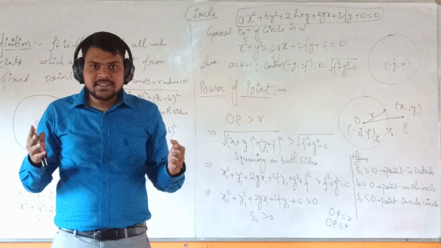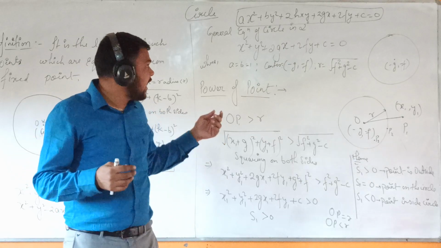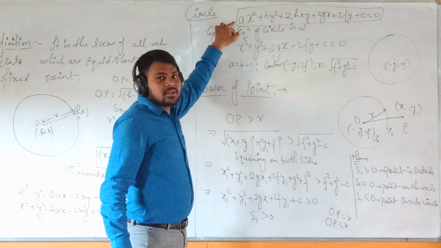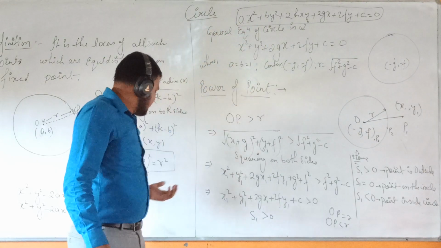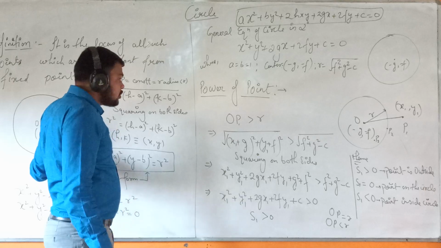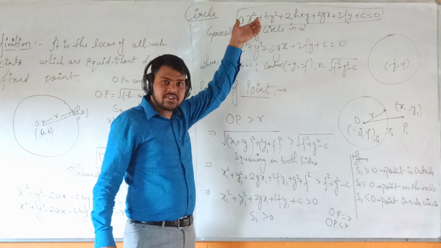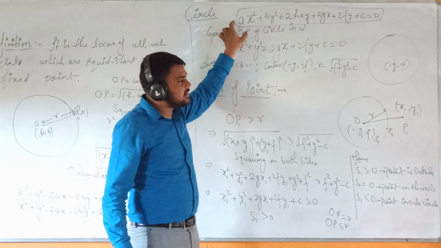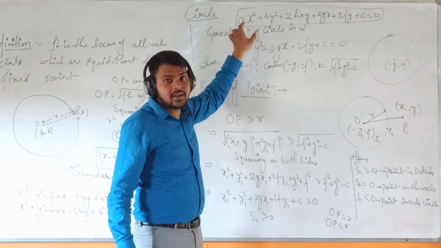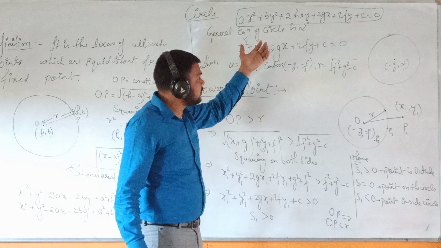So all these conics, circle and pair of straight lines can be represented by this one general 2-degree equation. So what is the condition which shows that this equation represents a circle? We have a doubt whether this is a straight line or circle or ellipse or hyperbola. So what are the things we distinguish?